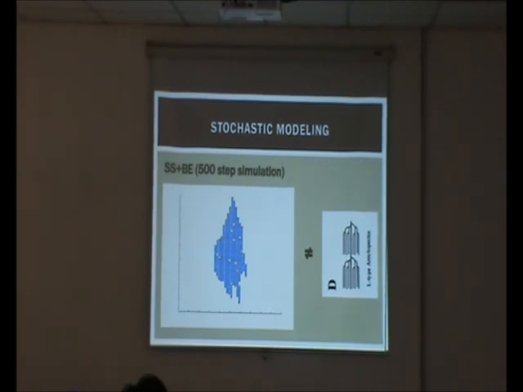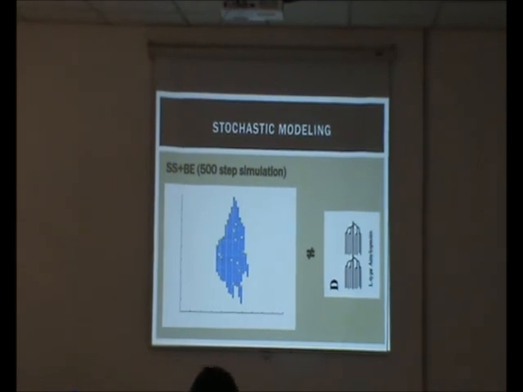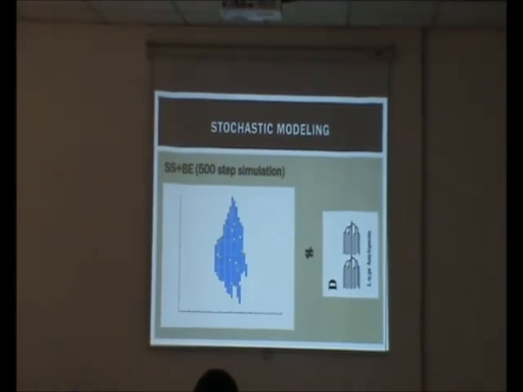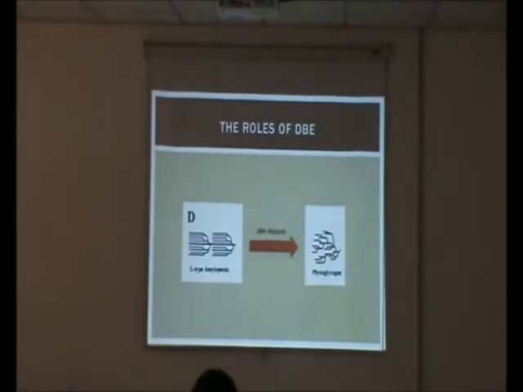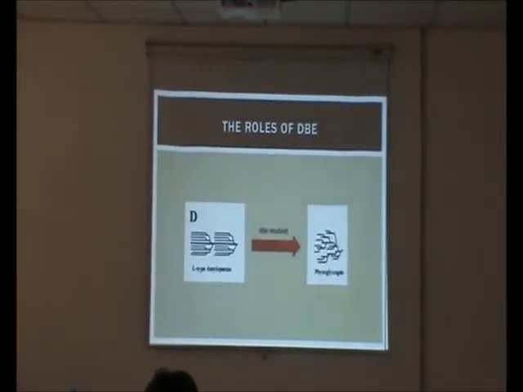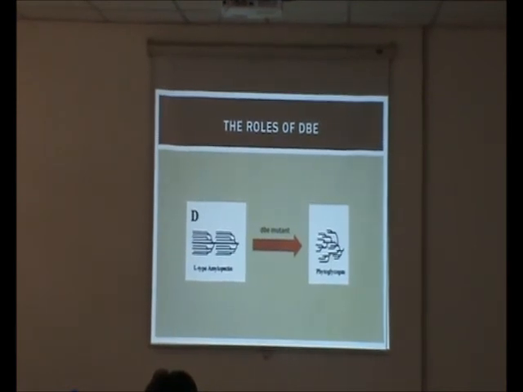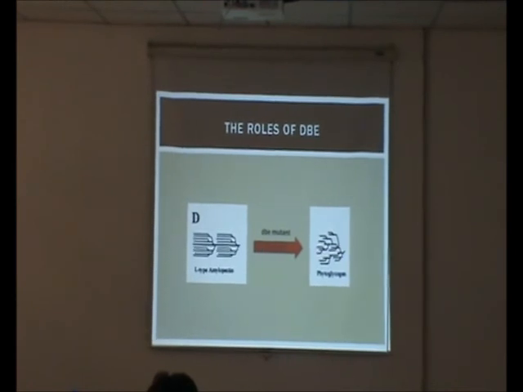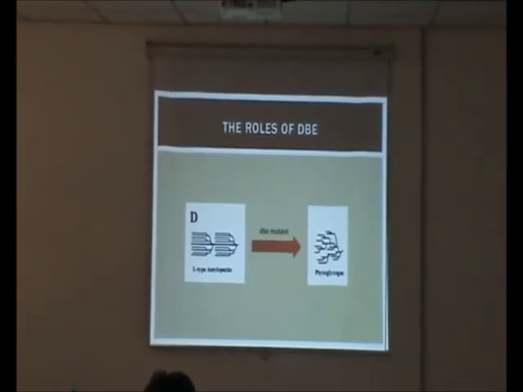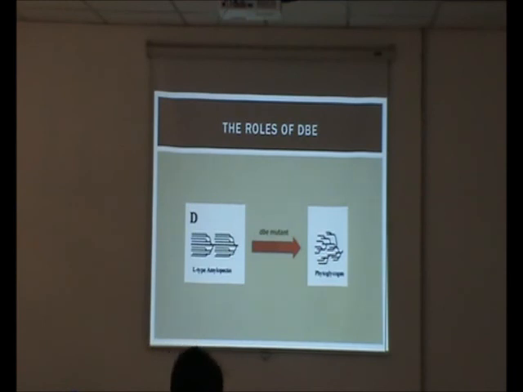Okay, but because now we have only two enzymes, right? Just SS and BE. So, if you go to the literature and see some papers that study the roles of DBE, you will see that if you knock out this gene, the debranching enzyme, from plants, then the structure of amylopectin will be converted into another abnormal structure called phytoglycogen.